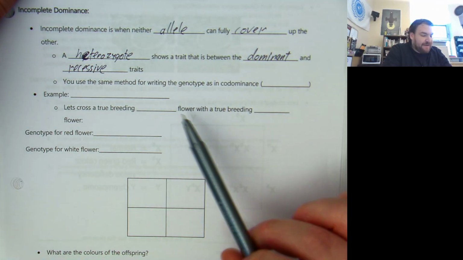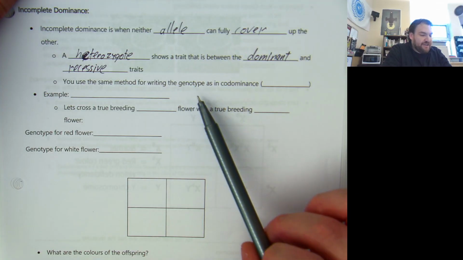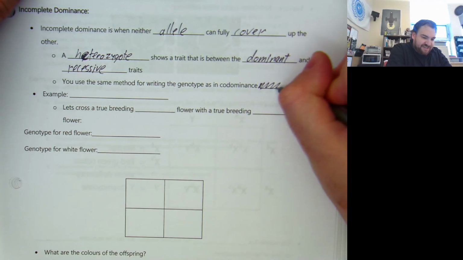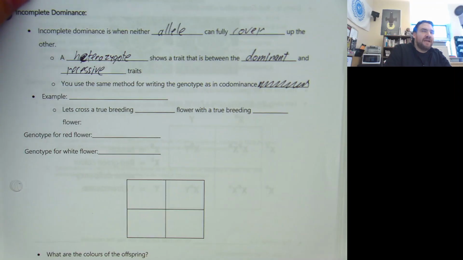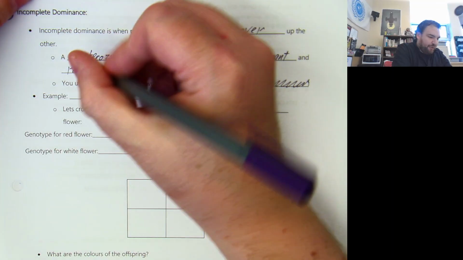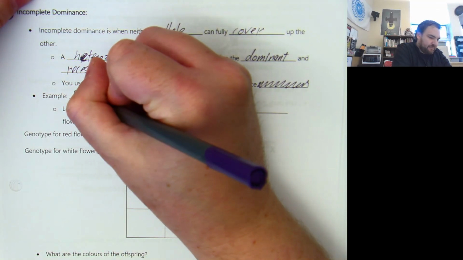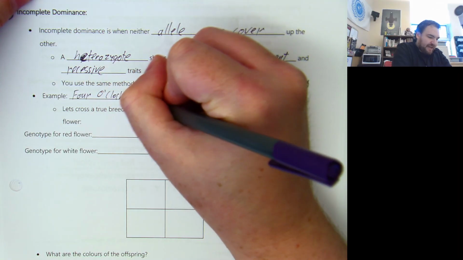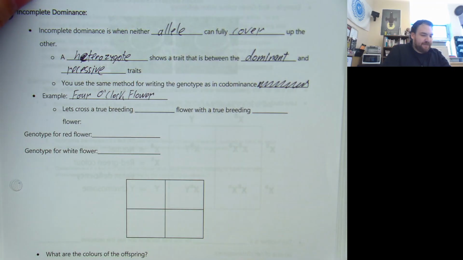You use the same method for writing the genotype as in codominance. Cross this out. I'm not going to put anything there. I'll show you what I mean in a sec by going through an example called a four o'clock flower. I scribbled it off. I'm not putting anything in that blank. We use the same notation.